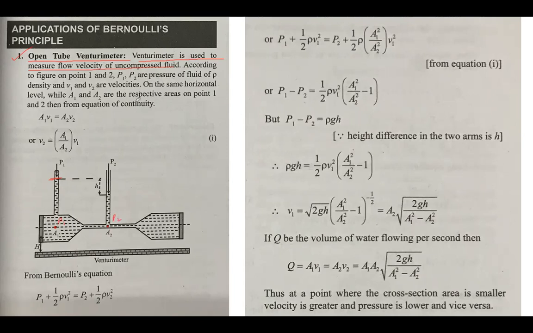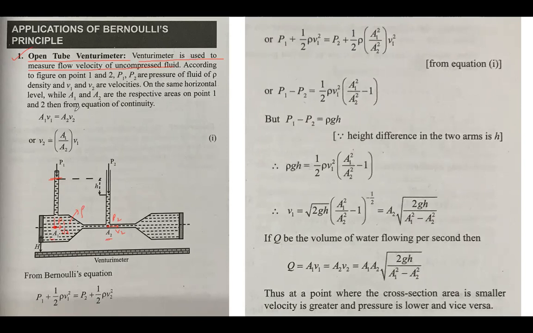The velocity at this point is V1, and the velocity at this point is V2. On the same horizontal level, A1 and A2 are the respective areas. At this point the area of cross section is A1, and at this point the area of cross section is A2.